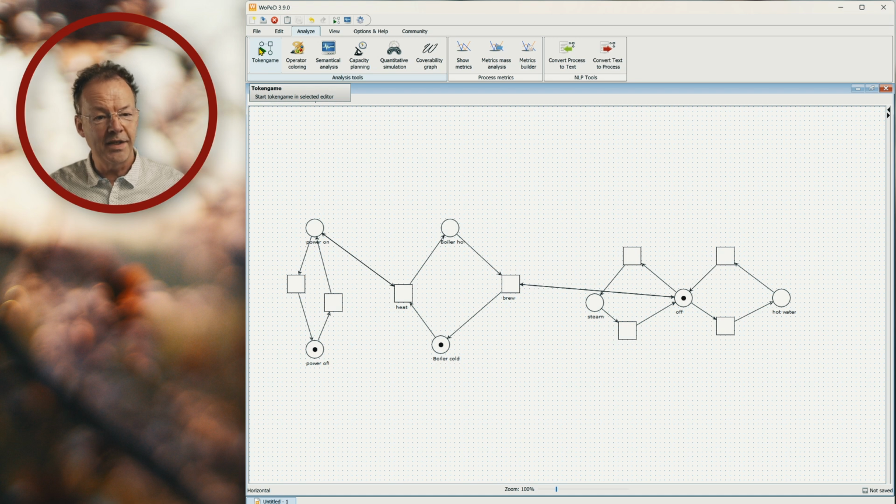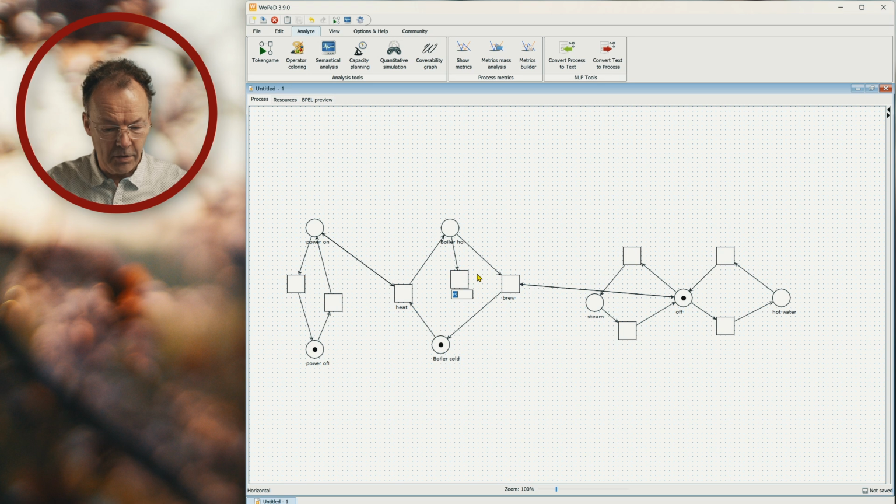We have observed that when we do hot water and we turn hot water off again, we are immediately ready to brew coffee. But if we have used the steam, then the machine has to heat up again. So what we have to do is we have to insert another transition called steam.